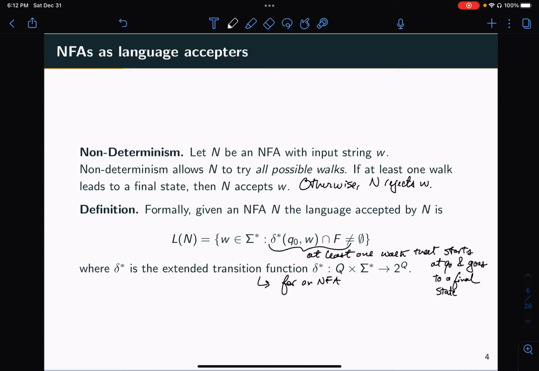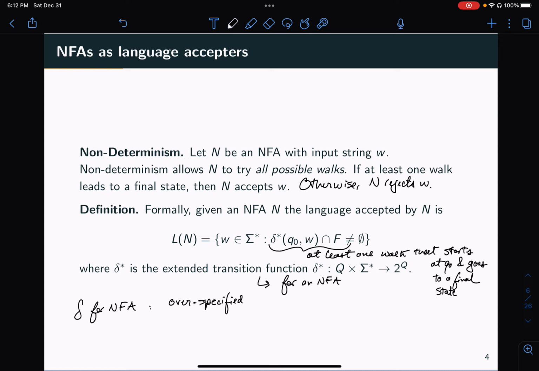And so one last thing before I switch to an example of looking at an NFA, I'll just note that the transition function, so delta for an NFA, can essentially do three things that a DFA cannot, okay? So the first thing is that the transition function can be over-specified, okay?